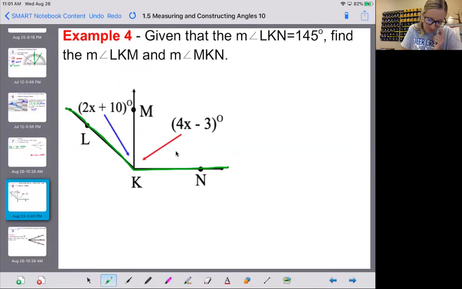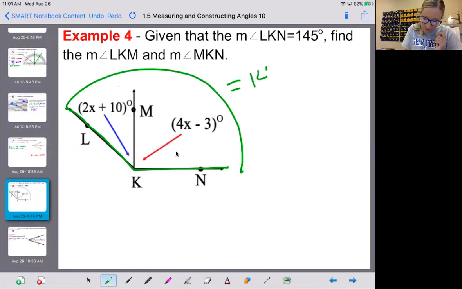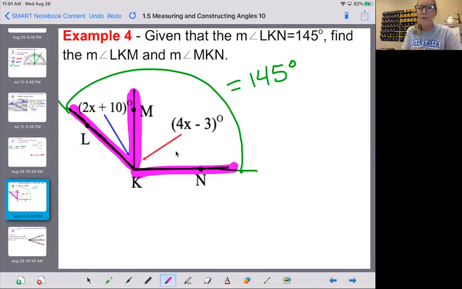They're talking about this entire big angle here is 145 degrees. Let me extend these out. Find the measure of angle LKM, and the measure of angle MKN. So basically, they're telling us the big angle is 145 degrees. Can you take that information and find the 2 smaller angles in between?